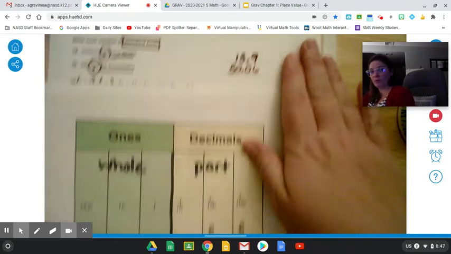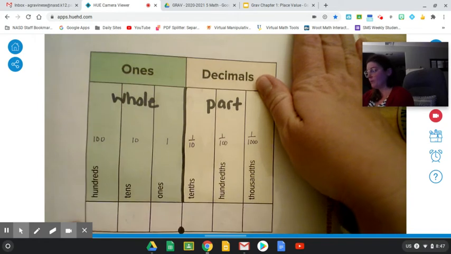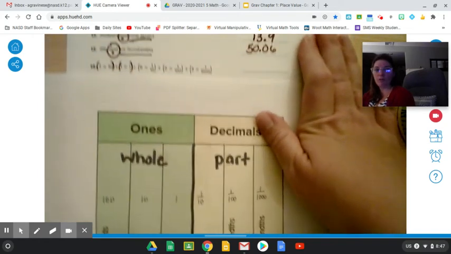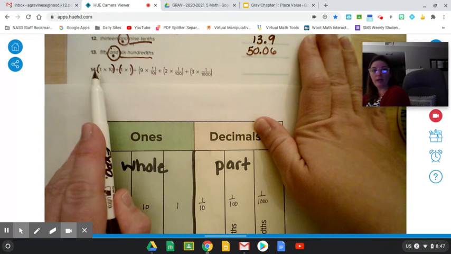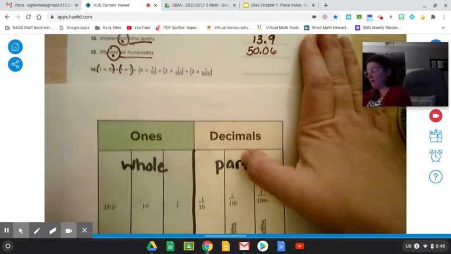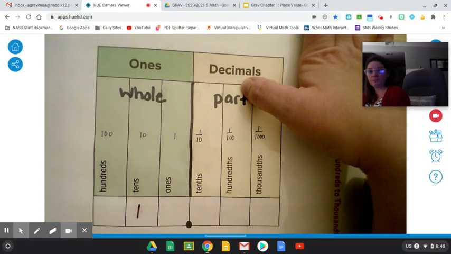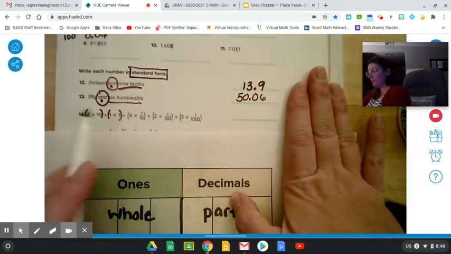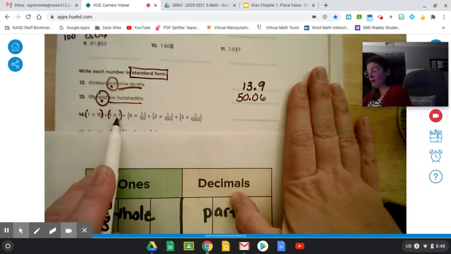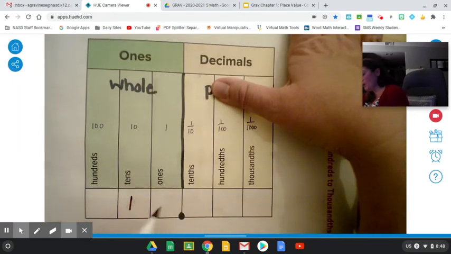So when I go to my place value chart, I know that I have some digits after the decimal point. But first, let's take a look at what's before it. I have a 1 in the tens place. Here's my tens. I have a 1 there. Then I have a 1 in the ones place. Here's my 1. I have a 1 there. So far, I know I have 11 wholes.